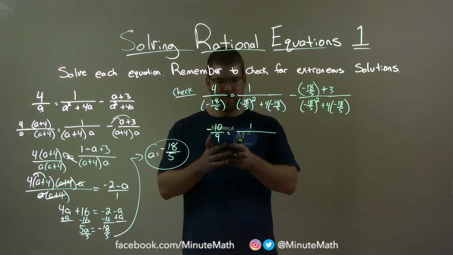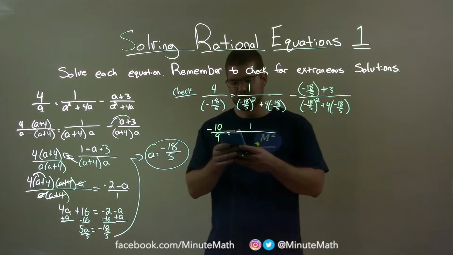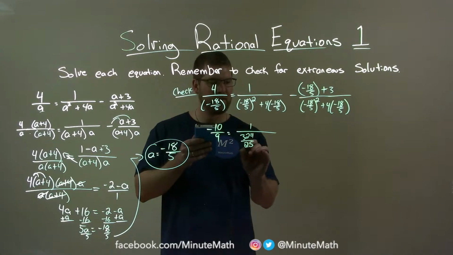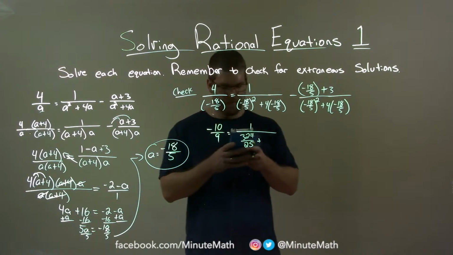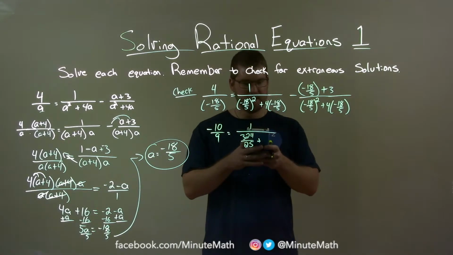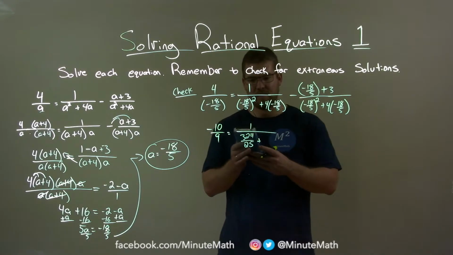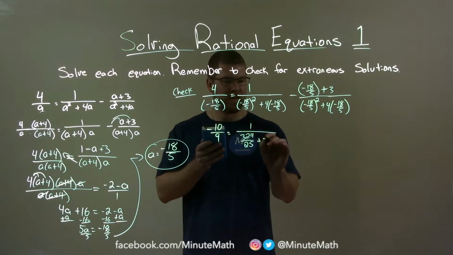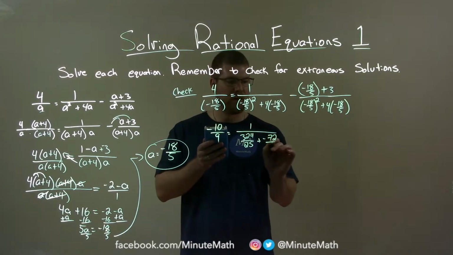Negative 18 divided by 5 squared, and that as a fraction is 324 over 25, plus 4 times negative 18 over 5, and we have a fraction of negative 72 over 5.